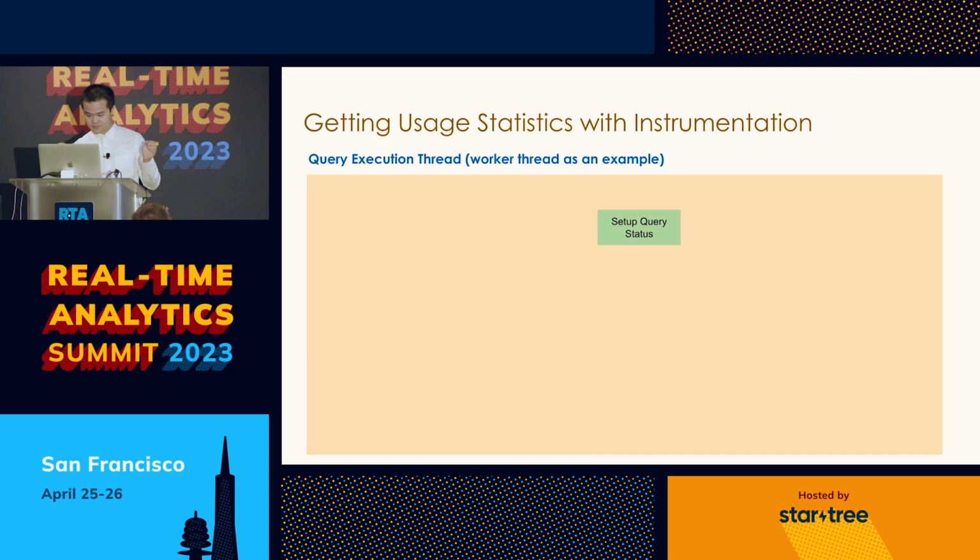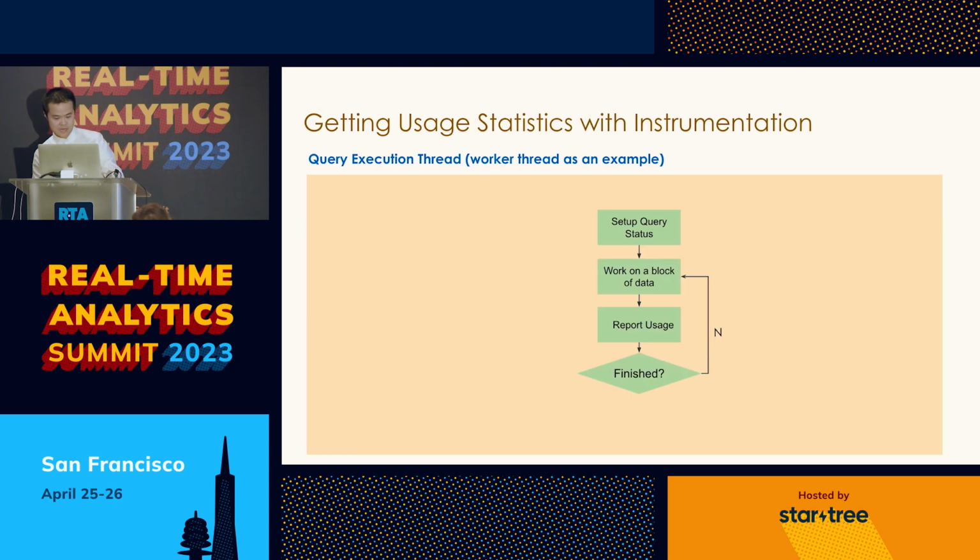Before getting to the other advantages, let's look into how we do this in a specific worker thread. So first, when the worker thread gets dispatched with a query, we set up the query's task status. And then because Pinot's query execution is always written in an iterative way, we can let each thread update its usage in each iteration.